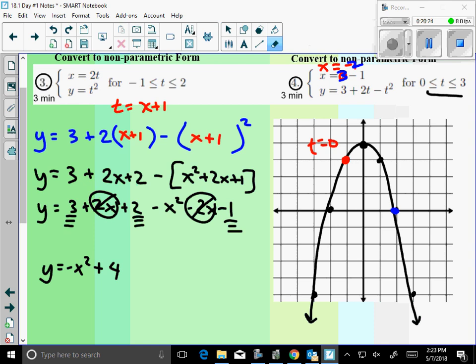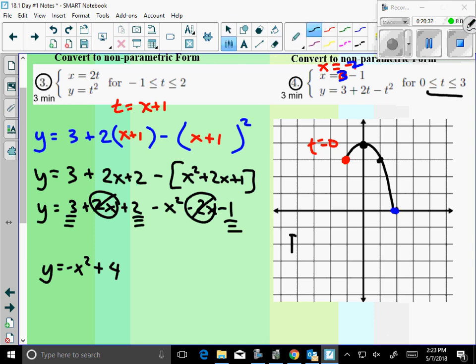So our graph has been restricted to a domain of what? Looks like -1 to 2. There's our domain. Now it has direction. Don't forget it's got direction. Direction on this would be from t equals 0 to t equals 3, just like that.